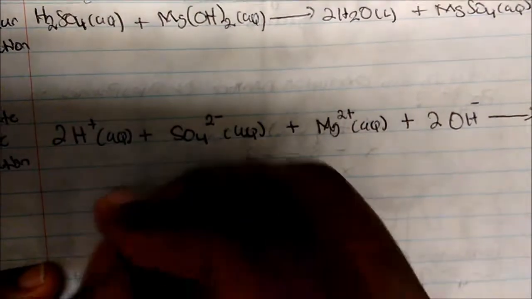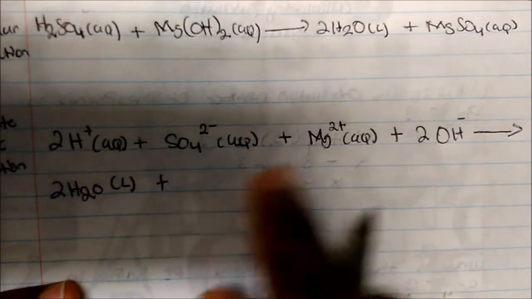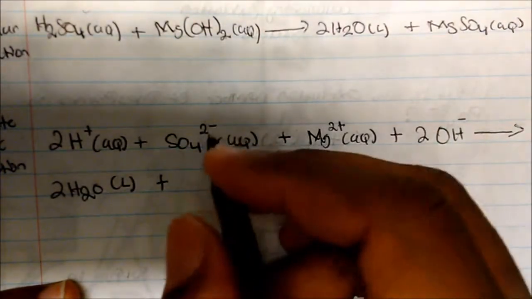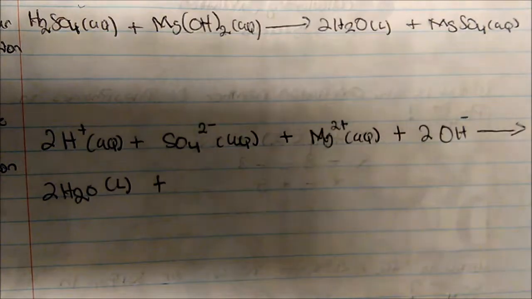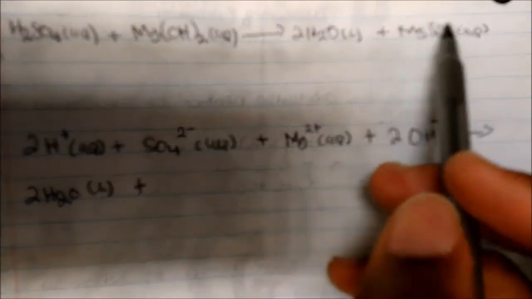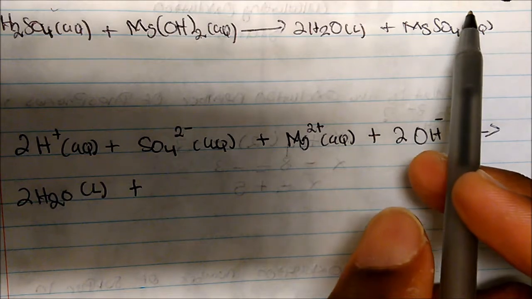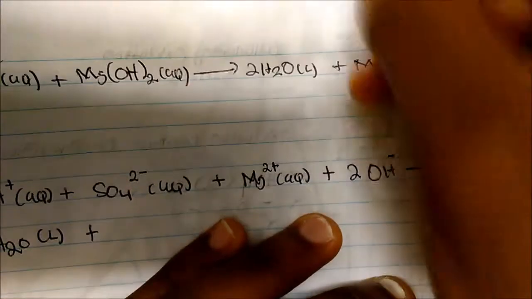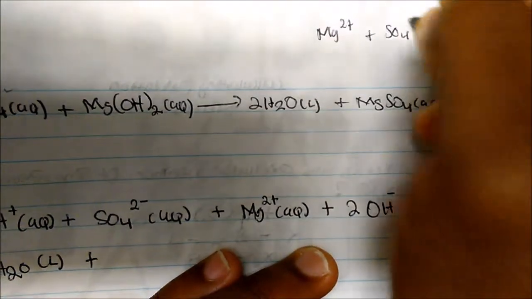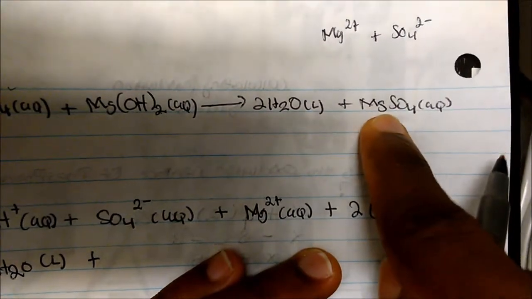So if I look at this, I have 2 moles of H2O liquid plus, well, what will magnesium sulfate give me? We have to be very careful here, and this is where I want you to be very careful. We need to know the polyatomic ion charges. If I break this up into its constituent parts, this is magnesium 2 plus and SO4 2 minus, and if we crisscross this, these cancel out to give us MgSO4.